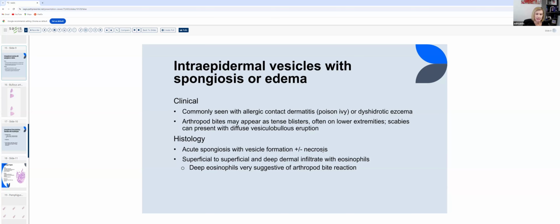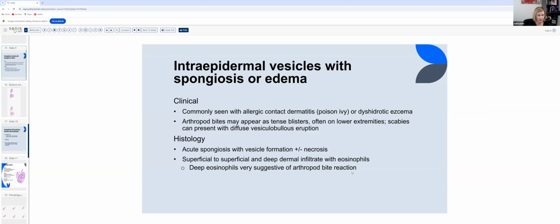Histologically, we see intraepidermal spongiosis, so acute spongiosis with vesicle formation, can be microvesicles or macrovesicles, with occasional foci of epidermal necrosis. And a big clue in these cases is the dermal infiltrate, which can be superficial or superficial and deep, in a perivascular and usually also interstitial pattern with eosinophils.